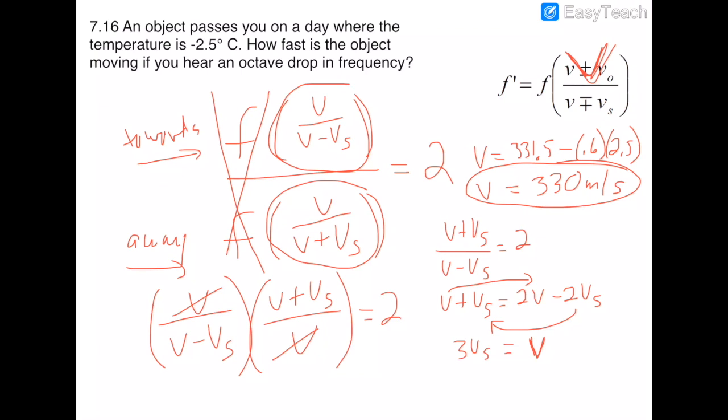Okay, and the question is, how fast is the object moving? That's Vs. How fast is the sound source moving? So Vs would equal the speed of sound divided by 3. Check that out. Speed of sound divided by 3.